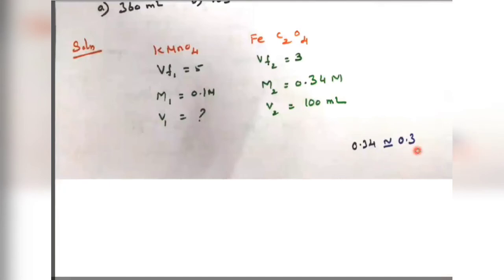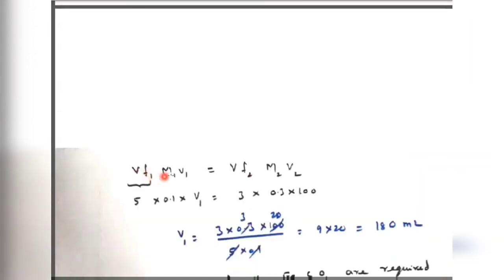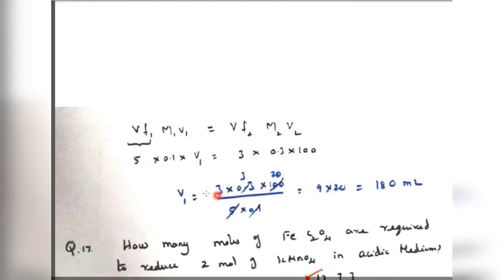So 0.34 approximately you consider as 0.3. So Vf1 M1 V1 is equal to Vf2 M2 V2. So 5 into 0.1 into V1 equals 3 into 0.3 into 100. So V1 equals 3 into 0.3 into 100 upon 5 into 0.1.